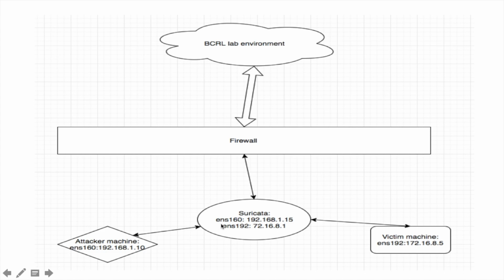We have the Suricata machine running in the middle as the IPS/IDS system and also as a router. It has the IP address 192.168.1.15 in the attacker network, ens160, and another IP address in the victim network, where it is also the gateway. So everything going in and out of the victim network is going to be seen by the Suricata machine.